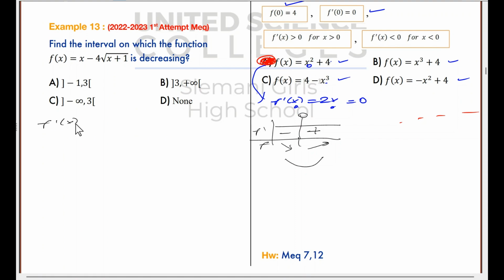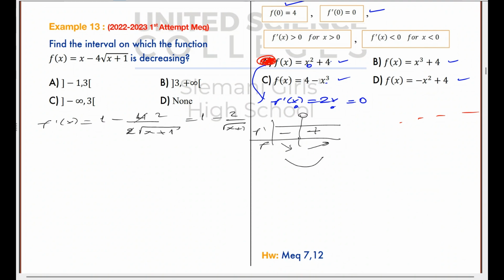F prime of x equals 1 minus the derivative of the inside over 4 times the square root of the same function. Simplify. So 1 minus 2 over square root x plus 1.